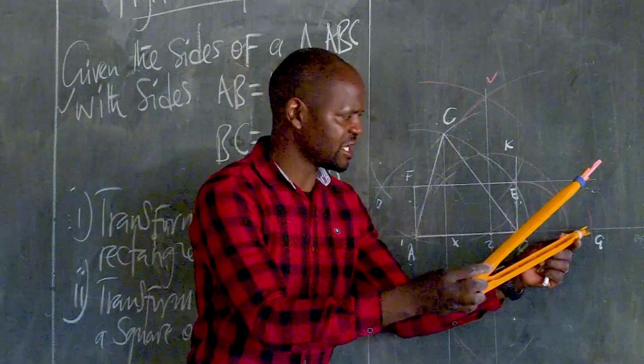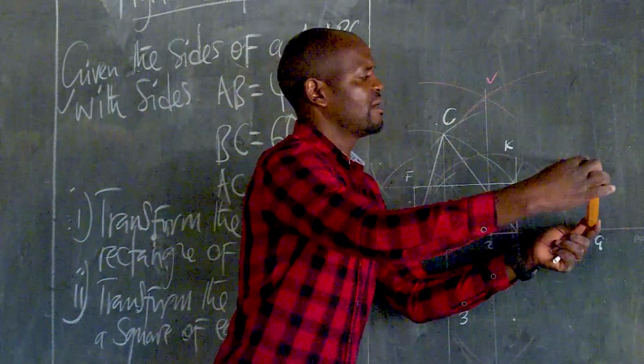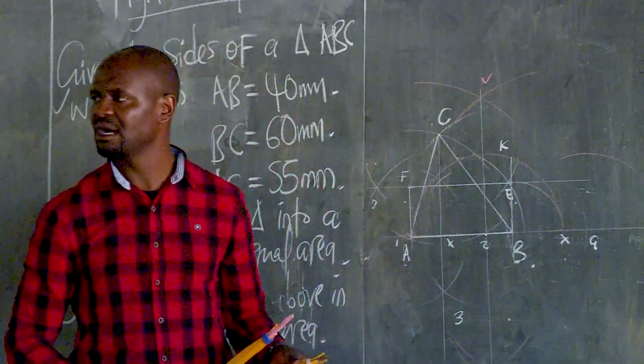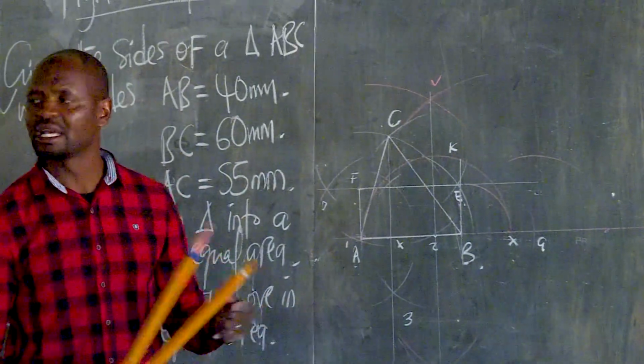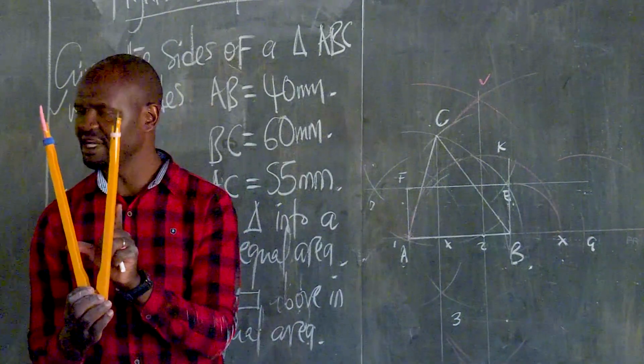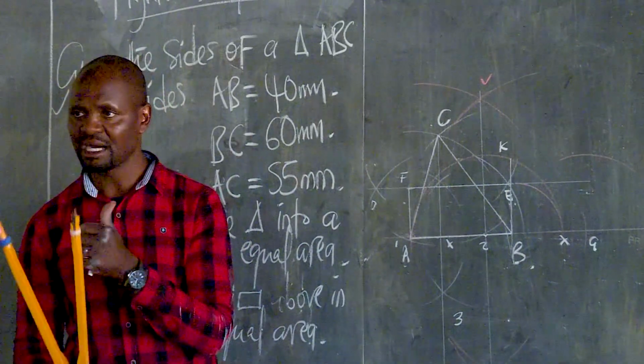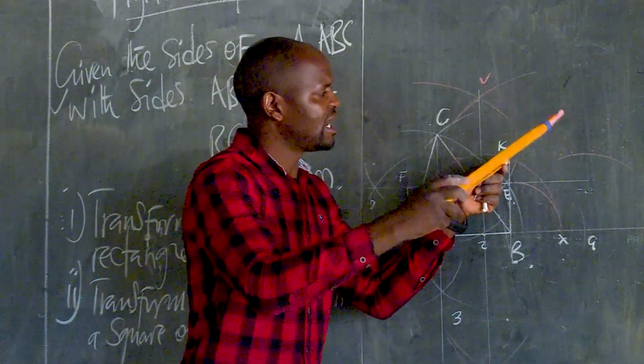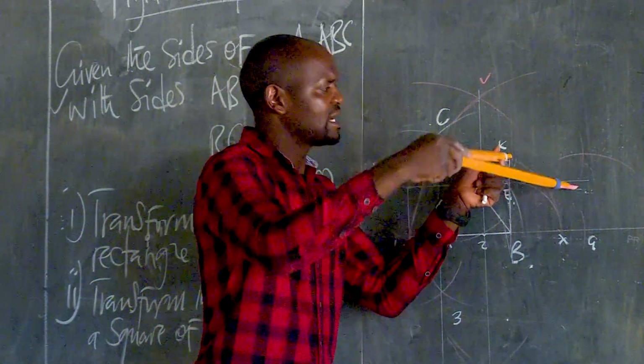So when we stand on G, we strike somewhere there. Like that. Are we together? Yes. From there, go on K. Without changing the what? The distance of the compass. Are we together? Yes, sir. You stand on K here and strike another arc there.